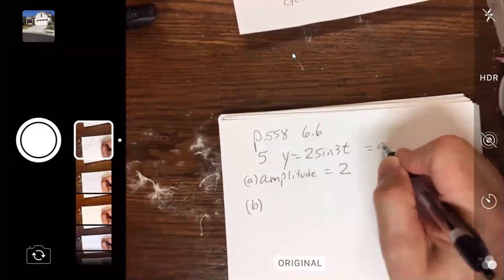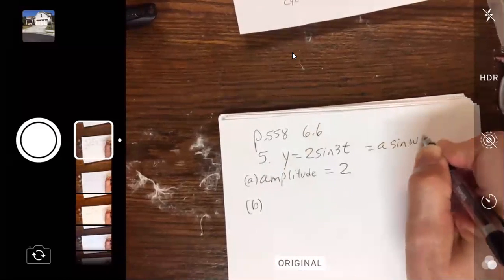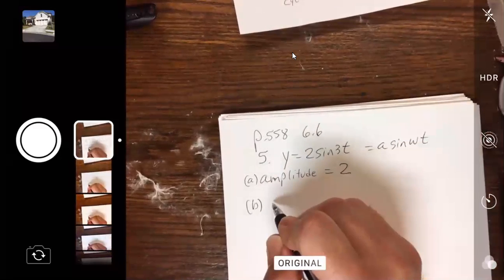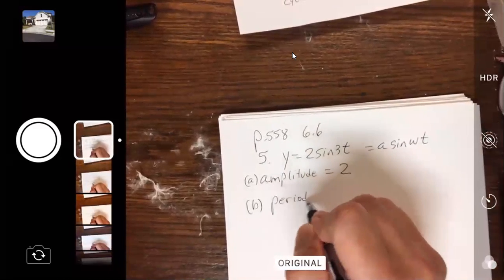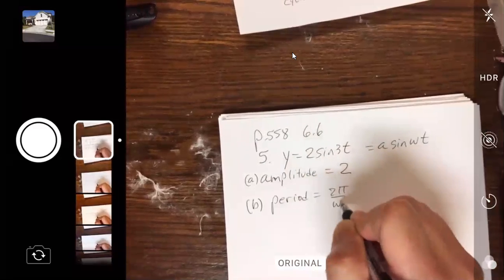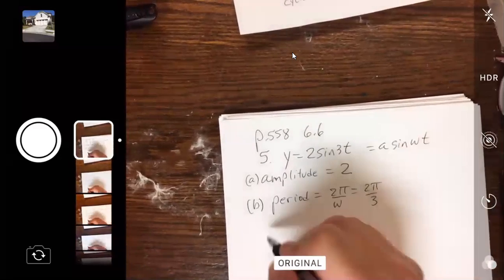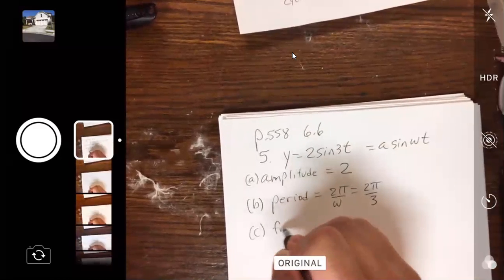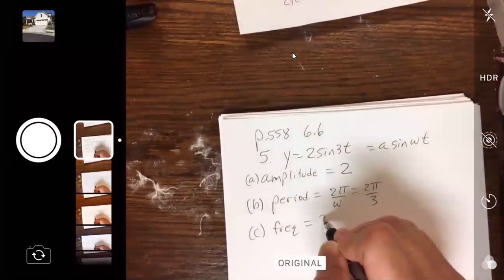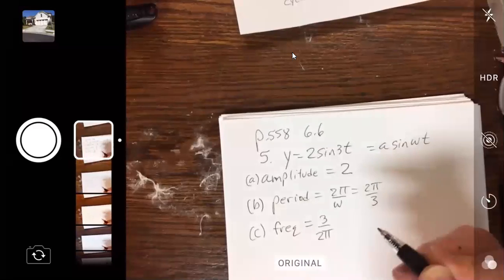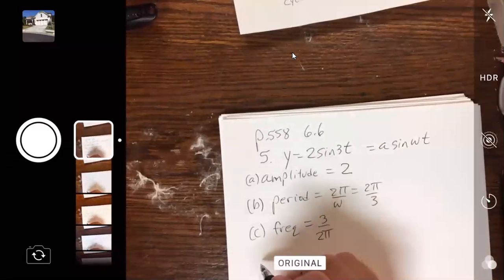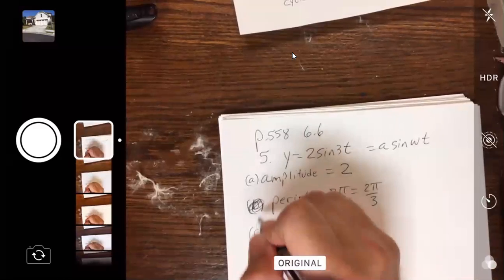Remember, we're matching to A sine of this omega t. Period is 2 pi over that omega, which would be 2 pi over 3. Frequency flips it upside down, 3 over 2 pi. I'm sorry, it's not B and C. This is all part A, my fault.